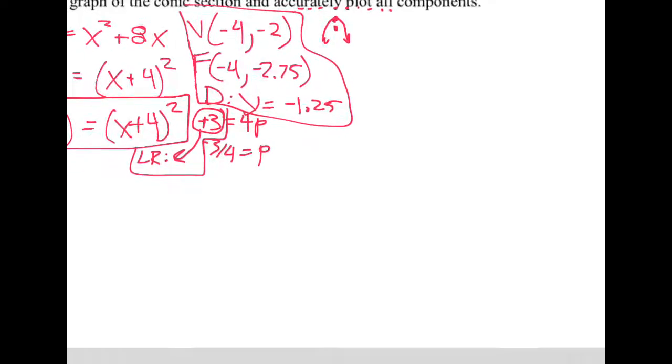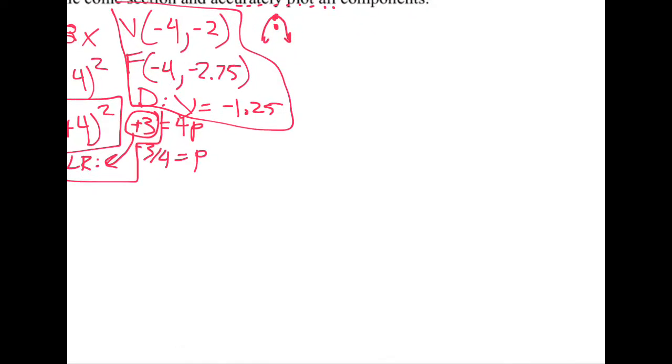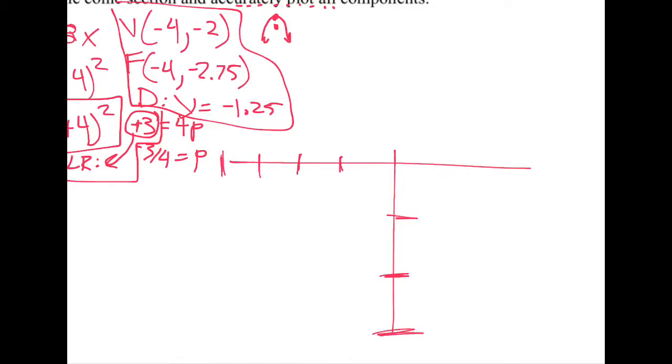So now I need to sketch this graph. My vertex is at -4. All of my fun stuff is happening at -2, so I'm going to draw my axes like this. Let's say there's -1, there's -2, and there's -3. And then we can go 1, 2, 3, 4 right there for my x values.